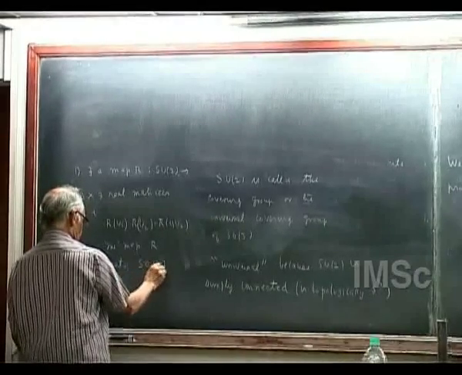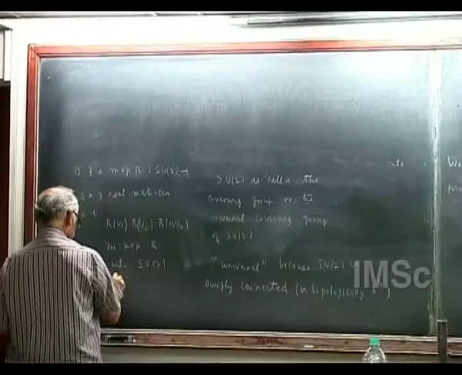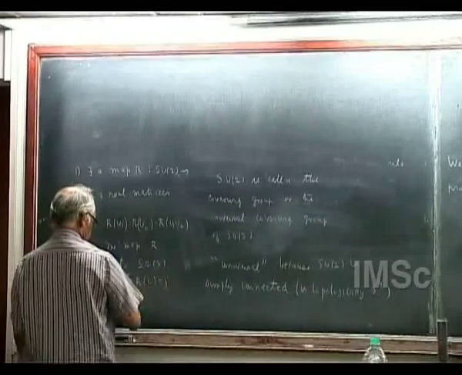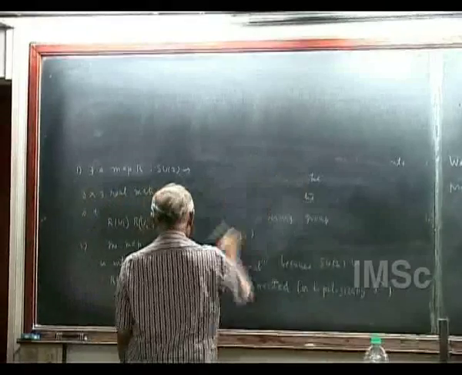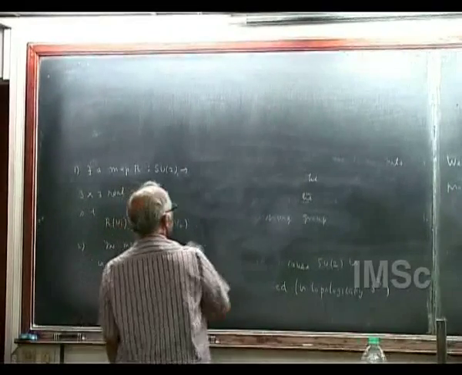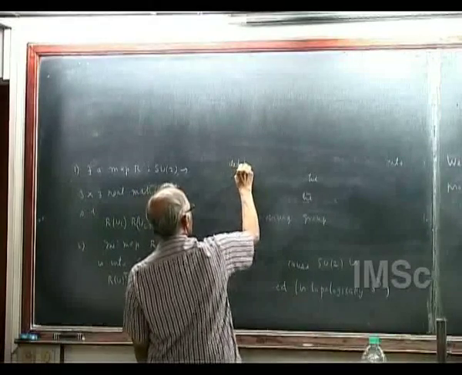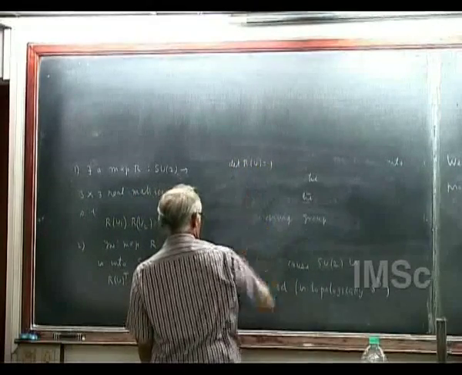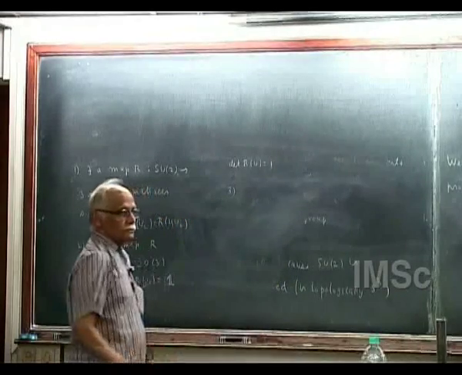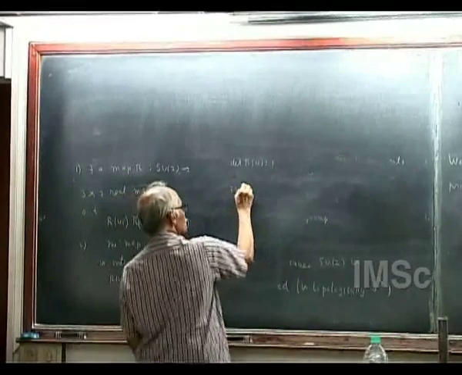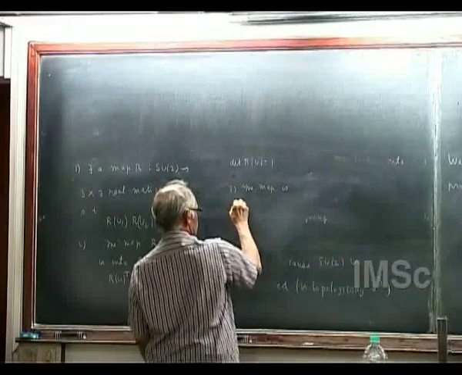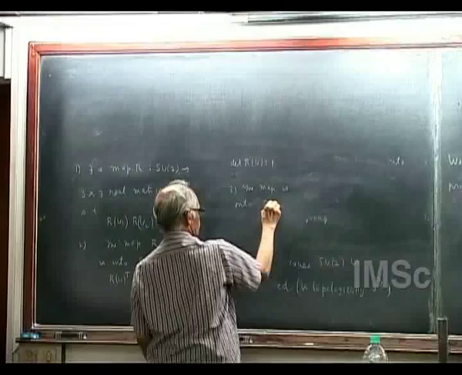That is, R of U transpose times R of U is 1, where 1 means the 3 by 3 identity, and the determinant of R is 1. Third, the map is onto SO3.